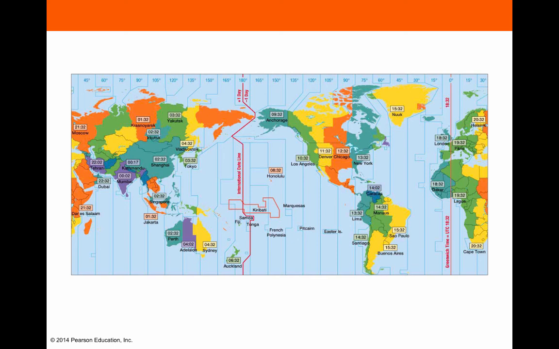So not only do you cross the date line here, but you also cross 2 time zones. So you change from Monday to Sunday and 6 to 7 to 8, 2 time zones.